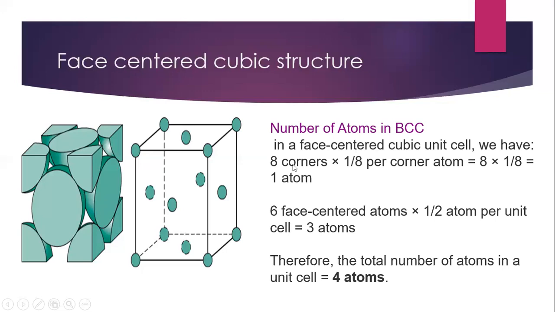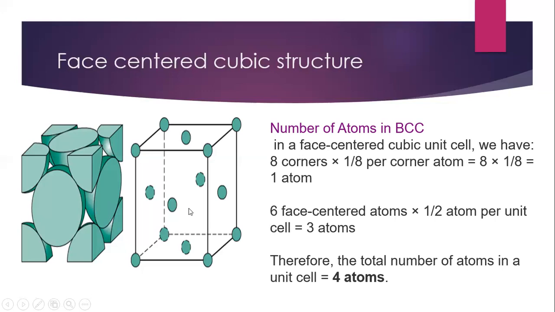So here once again in FCC, 8 corners into 1/8, because a corner contributes 1/8 part, which is equal to 1 atom, and the unit cell consists of 6 faces, and each face contributes half, so 6 into 1/2.